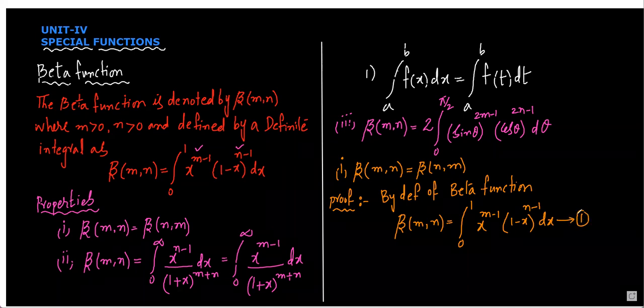Now what we are going to do here in the integral, you have one formula. I am writing that formula also. Intermediate definite integral, I think you remember this formula. Integral 0 to a f of x dx can be written as integral 0 to a f of (a minus x) dx.